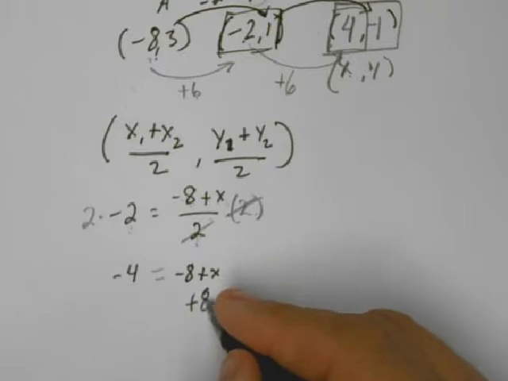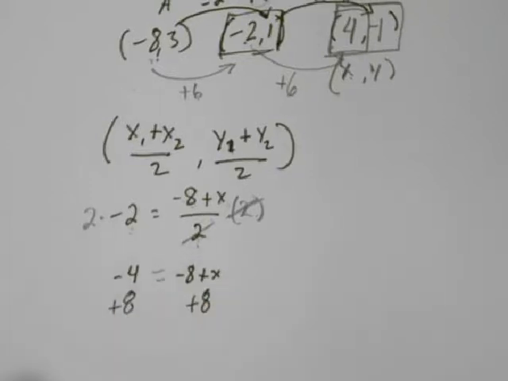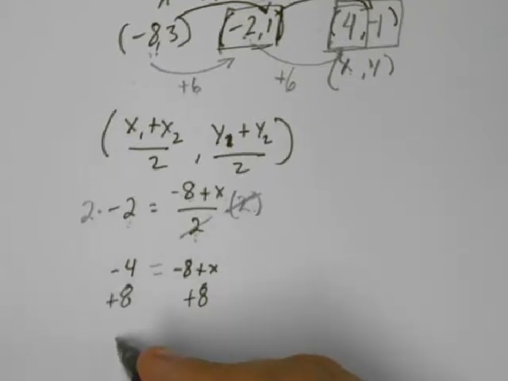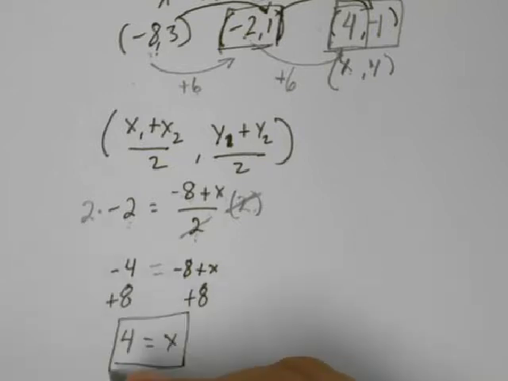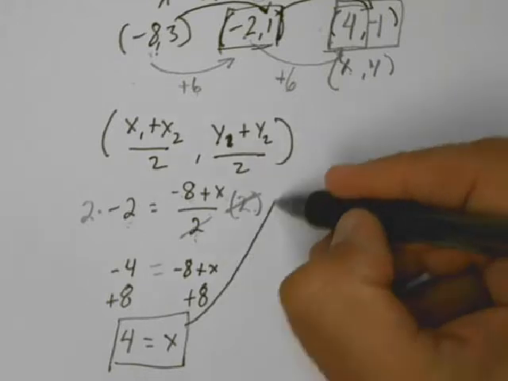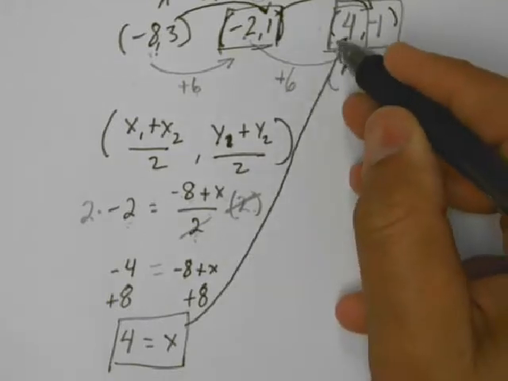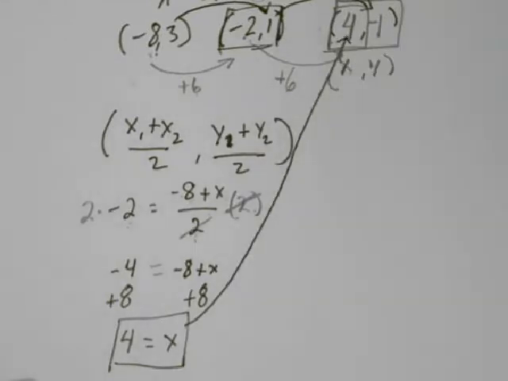Add 8 to both sides. Very good. -4 plus 8 is positive 4. And guess what? I get to make a long arrow. Yes. There it is. I know it's the small things, Tehran. I like arrows.